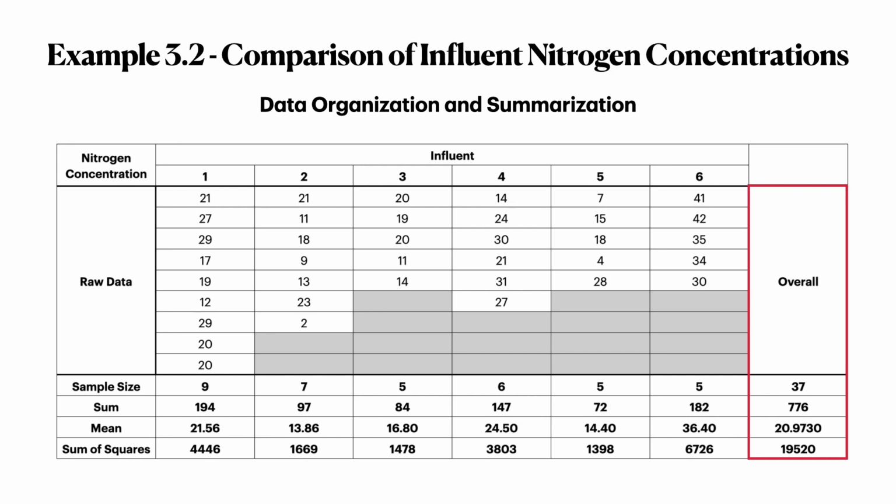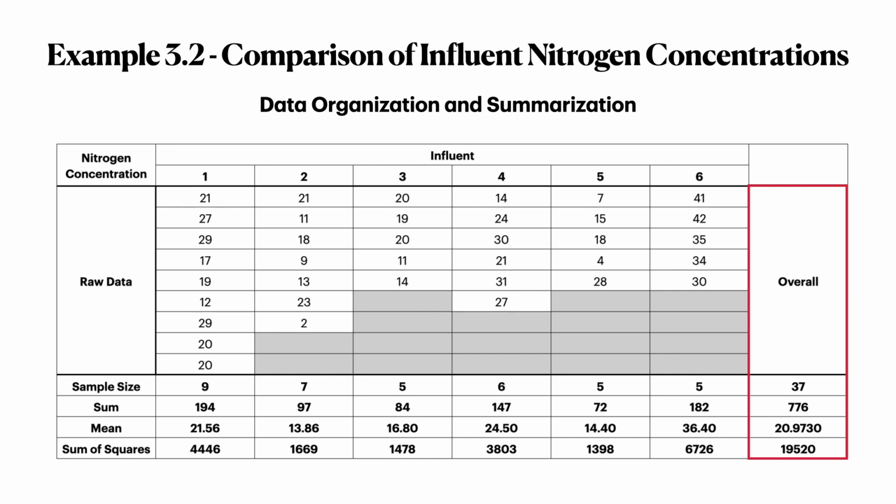And so we have the overall or total sample size, which is 37. We have the sum of all the observations in the data set, which is 776. We have the overall sample mean for the data set, which is obtained by dividing the sum, 776, by the sample size, 37.